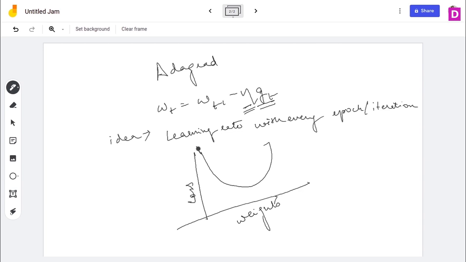In the initial stages we can take bigger steps, but as we come closer to the minima we can slow down the learning rate and take smaller steps which keep on decreasing every time. So we can finally converge to the minimum loss. This was the main idea behind Adagrad, to change the learning rate with every epoch so that if it gets closer to the minima, it decreases itself. So we don't have to change the learning rate every time.